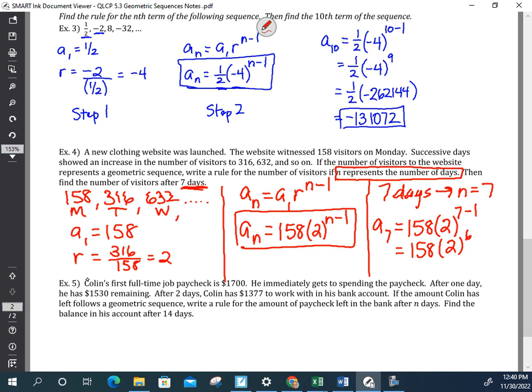So 2 to the 6th power. 2 to the 6th power is 64. So after 7 days, this particular website has 10,112 visitors. So not bad. It's a progressing clothing website. So hopefully they do well in their sales.